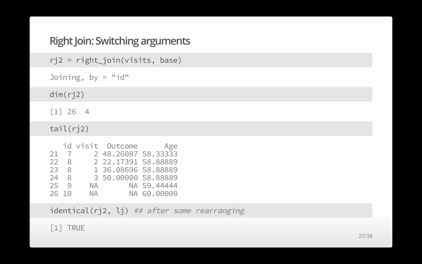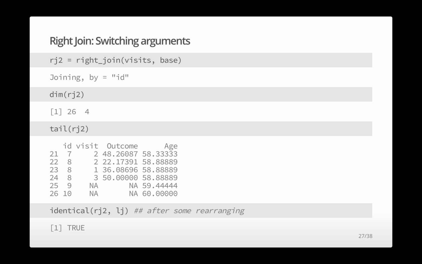Also, the way the rows are sorted is different. So I said identical equals true after some rearranging. All I did was reorder the columns, reorder the rows to be the same ordering, and then identical says, yep, they're exactly the same. It's the same operation. So left and right merging are the exact same thing. It's just the order is different.